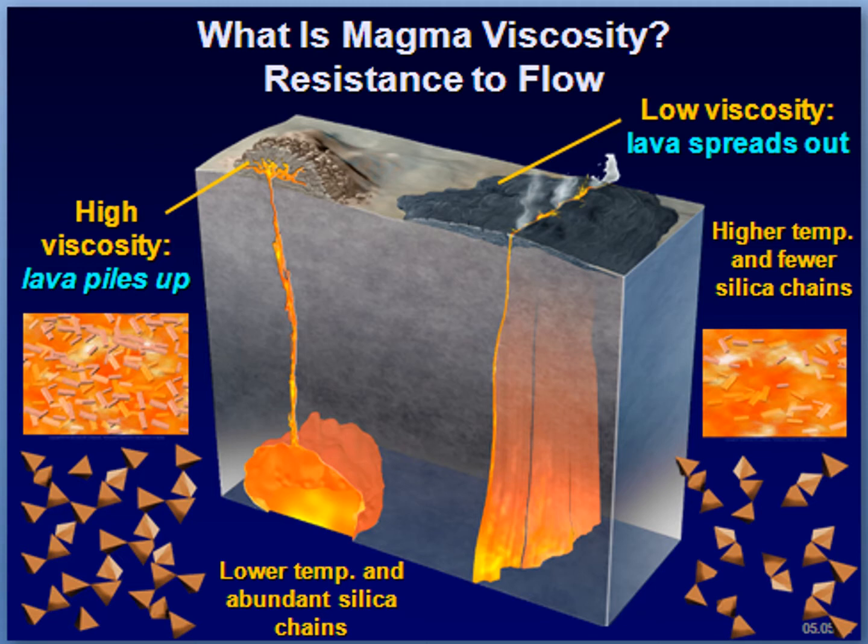The more of those silica tetrahedra that you have, as in a high silica magma, it also has lower temperature and therefore higher viscosity, meaning it does not flow easily. So the magma cannot easily make its way to the surface, and the gases cannot easily escape. So you end up with this bloated magma chamber with all these dissolved gases in it, and that's like a ticking time bomb. And we'll talk about that more on an upcoming slide.